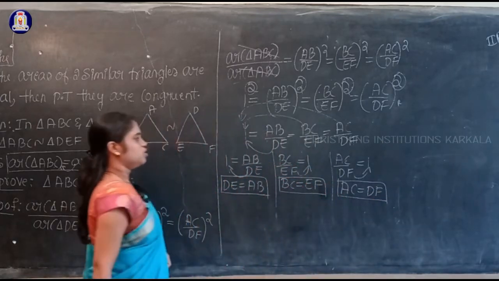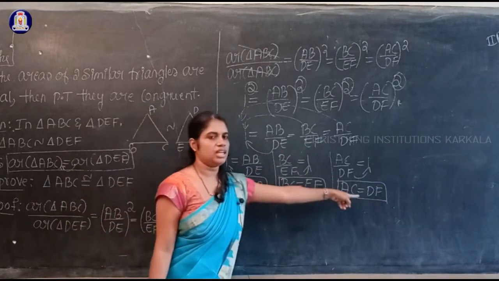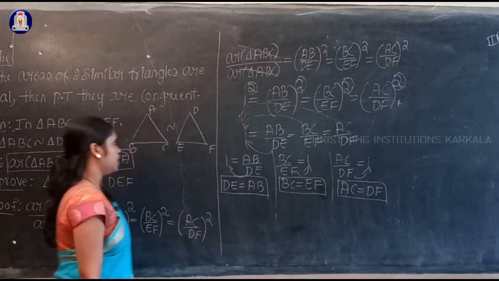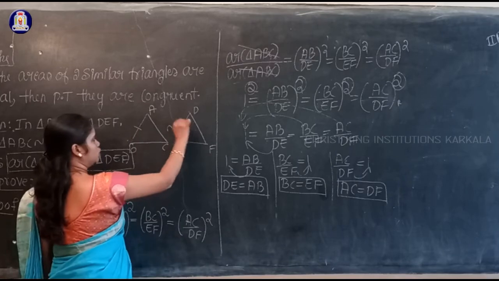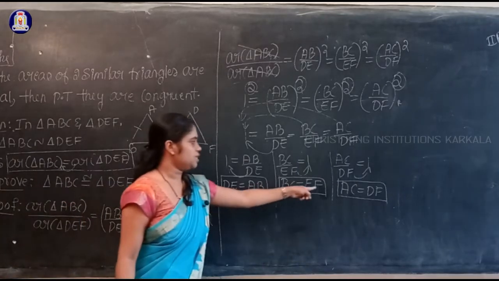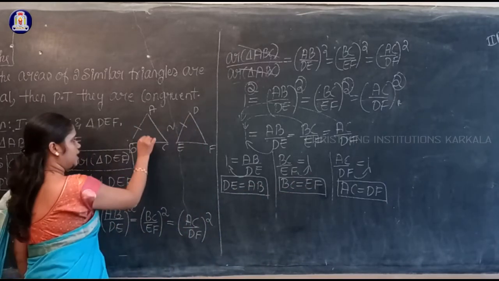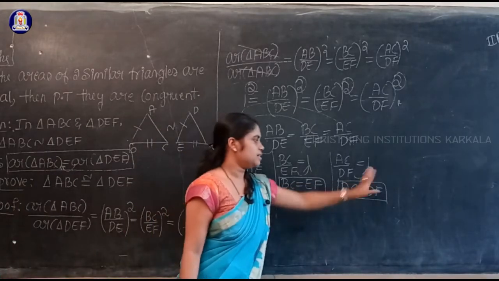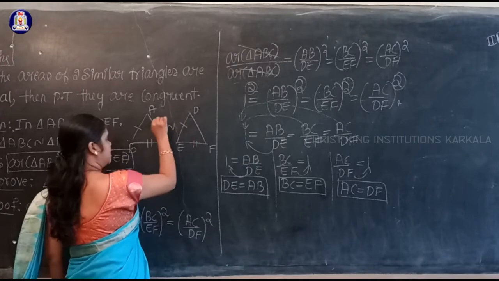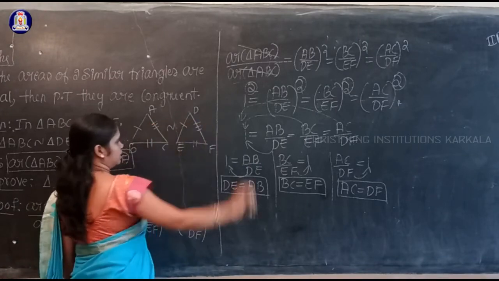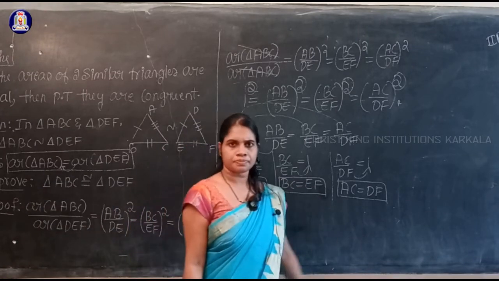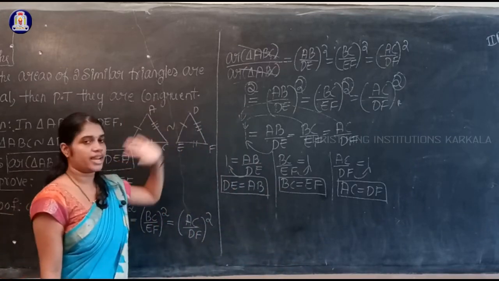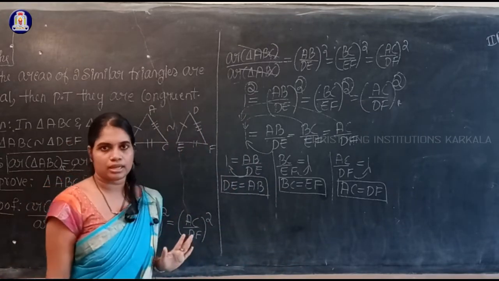Yes. So now just compare these three results with your triangle. DE equal to AB, the side AB is equal to DE. BC is equal to EF, the side BC is equal to EF. Once again AC is equal to DF, the side AC equal to the side DF. What does it indicate? The corresponding sides of these two triangles are equal, isn't it?